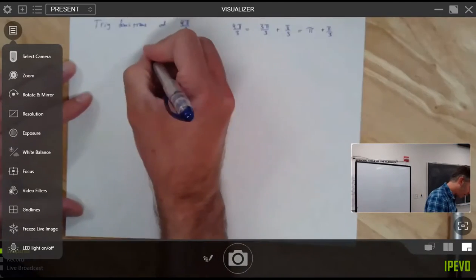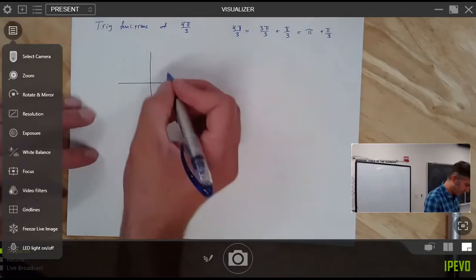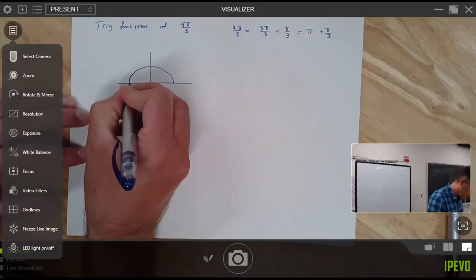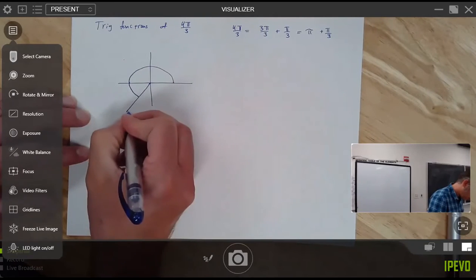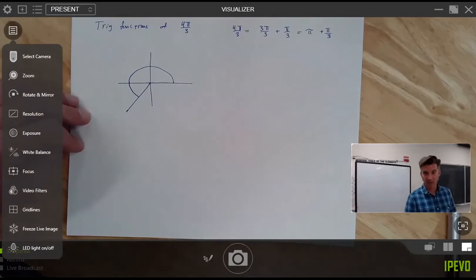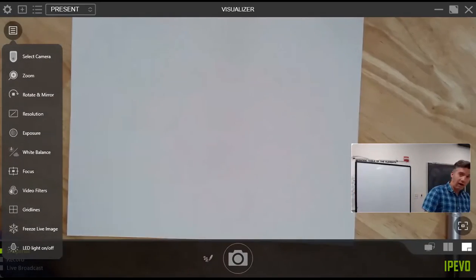So when I draw this, again, starting at the positive x-axis, I'm going to go a full semicircle. There's pi. Then I'm going to go another pi over 3, which I didn't draw very well. That looks more like pi over 4, I'm not going to lie. I'm going to draw it again. Sorry.